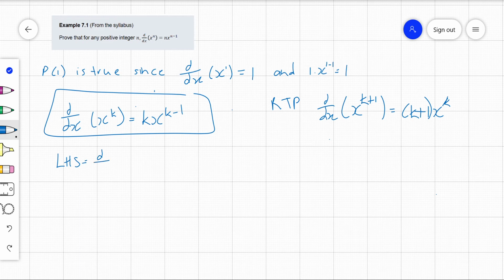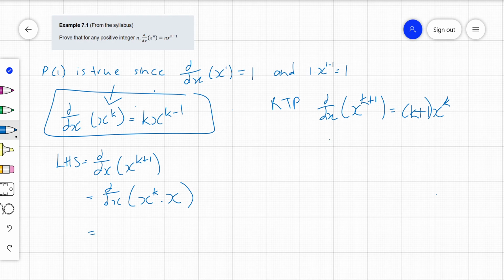So if we look at our left-hand side, we've got d by dx of x to the k plus 1. Alright, now remember that is the same as d by dx of, we want to use this case. So we've got x to the k times x. So we can use our product rule.